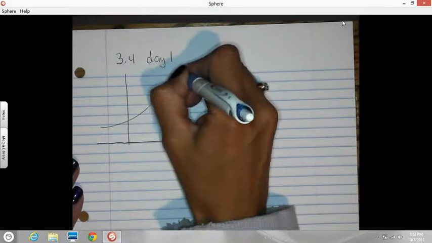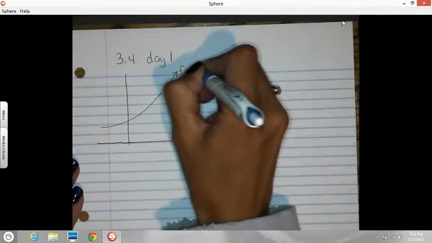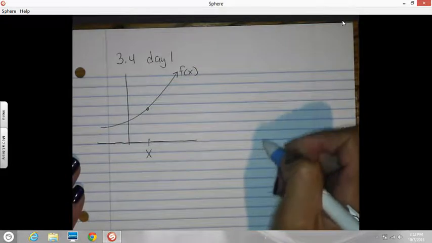So if you have a function, and we want the derivative at a given x value, we know that we are looking for the slope of the tangent line here.